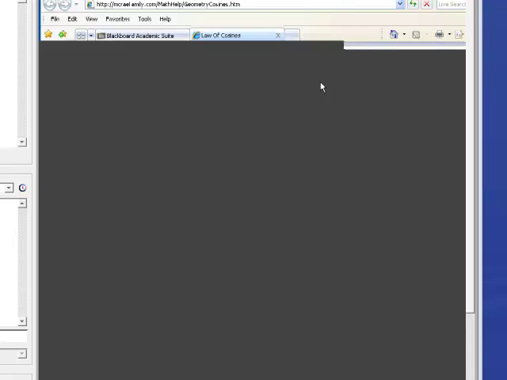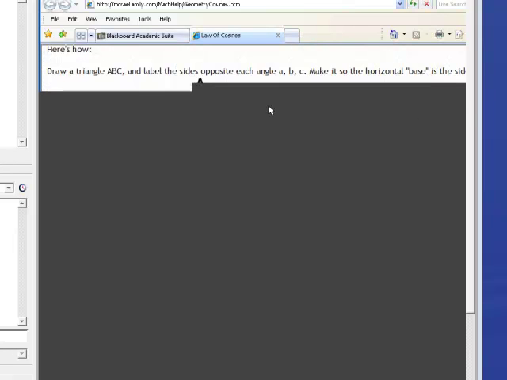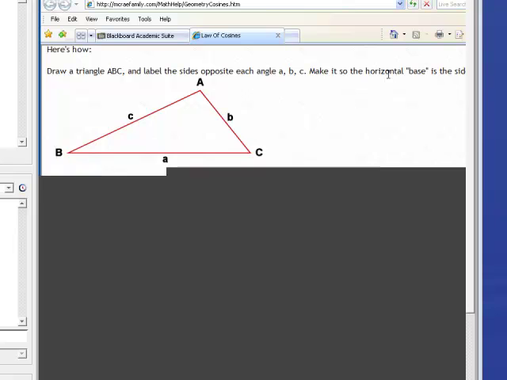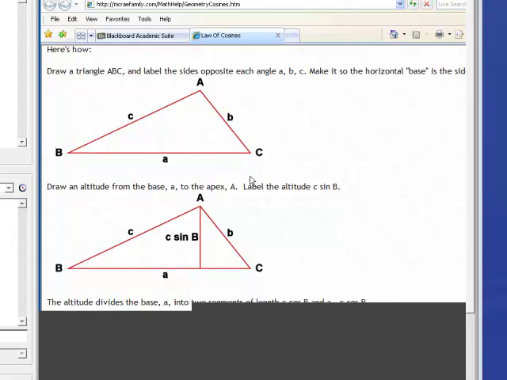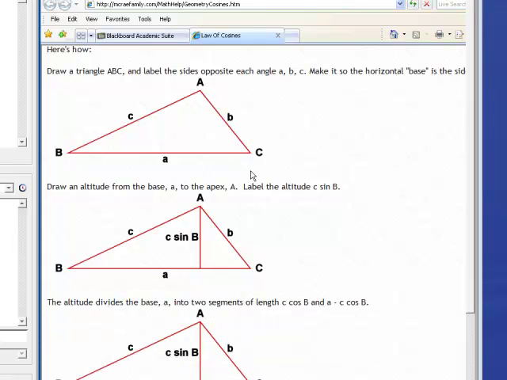Relatively easy. I'm going to go over to the website. Here it is. So draw a triangle ABC, and label the sides opposite each angle a, b, c. Make it so the horizontal base is the side labeled a. In my lecture the baseline is labeled c, but really that doesn't matter. Draw an altitude, a height h, and label that height c times sine b, which is the opposite side of this right triangle.